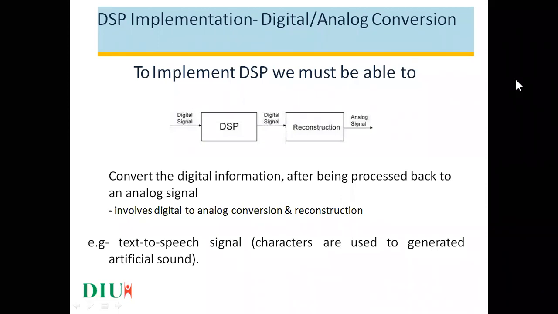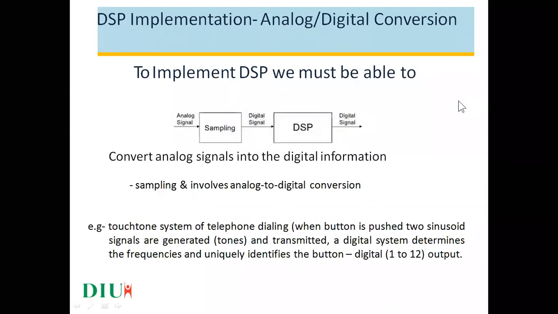Once we know how these DSP are done, then we can also go for the implementation in such a way that the sampling and the reconstruction can also be done. So the things I showed in the previous slide can be transformed in a better way.